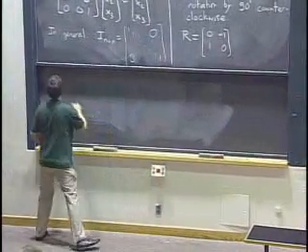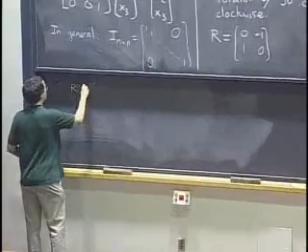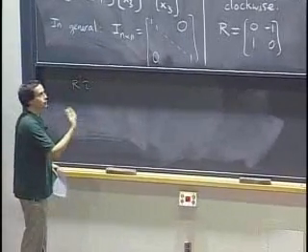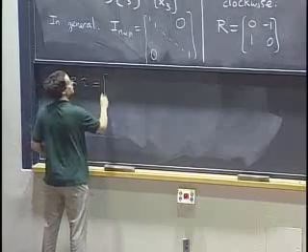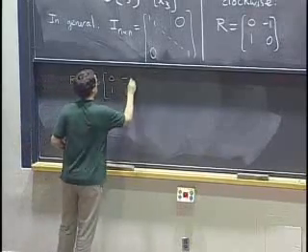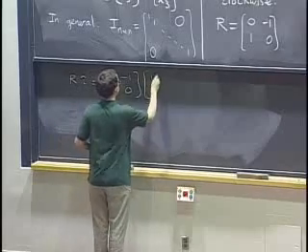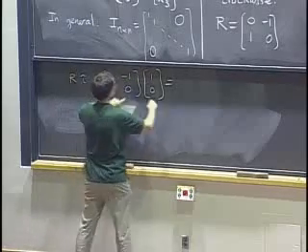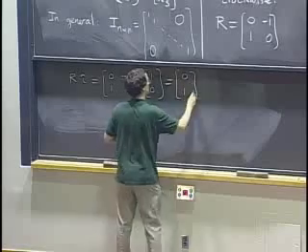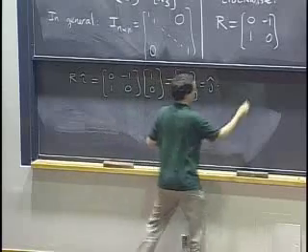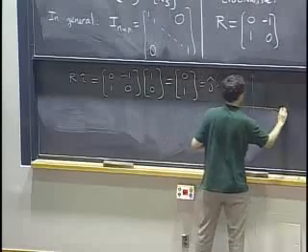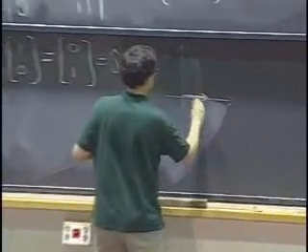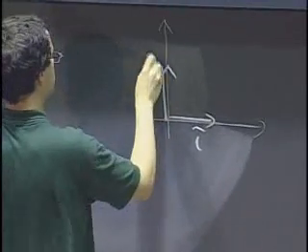Well, if I do r times i hat, so if I apply that to the first vector, i hat, that means i hat will be 1, 0. This product, well, here you will get 0, and then you will get 1. You get j hat. So this thing sends i hat to j hat. What about j hat?